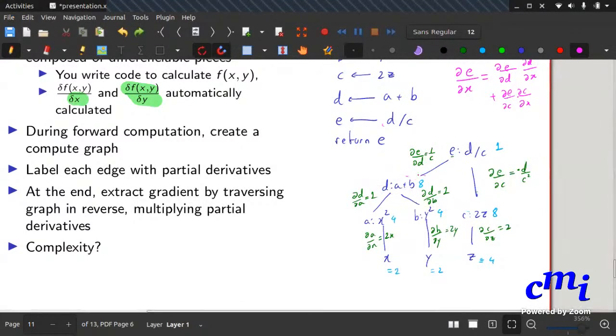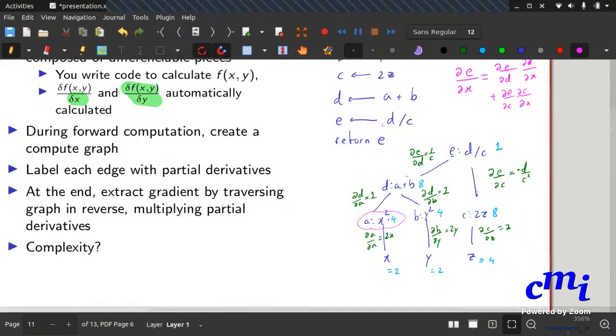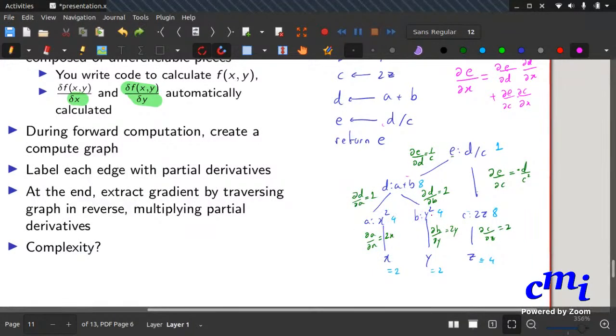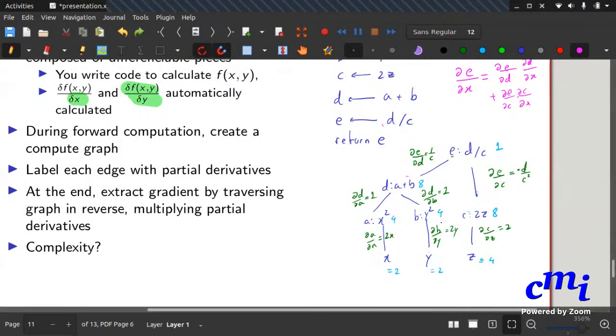Then, recursively, to calculate the partial derivative here, you calculate these partial derivatives and these partial derivatives, right? And then to calculate the partial derivative here, you calculate the lower partial derivatives in these guys and so on, right? So there is this particular recursive process, right? But if you notice this recursion, you can also do it in the forward direction.